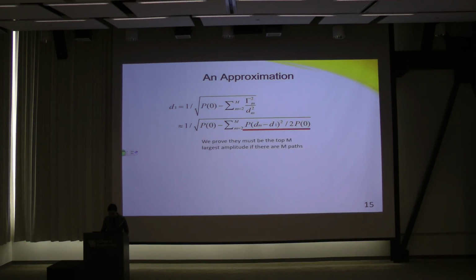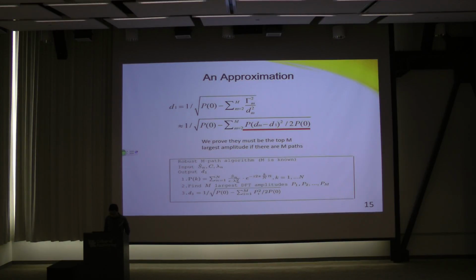So we take another method. We only use the top largest amplitudes in the DFT figure to solve the line of sight path.